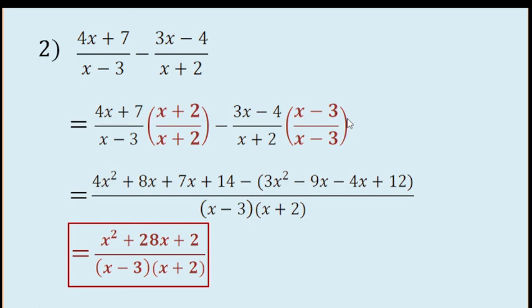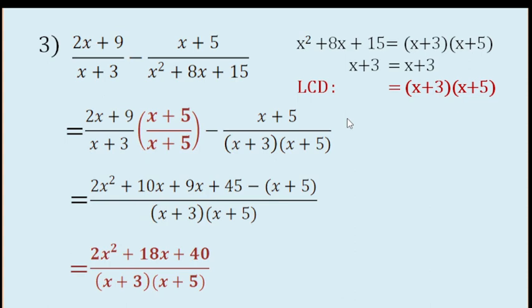Item number 2, x squared plus 28x plus 2 over x minus 3x plus 2. Okay, then number 3 answer, 2x squared plus 18x plus 40 over x plus 3 and x plus 5.